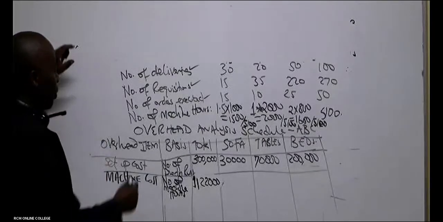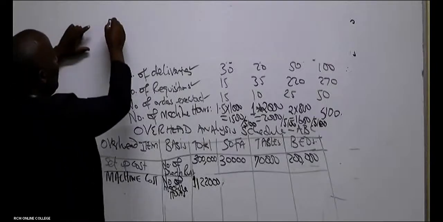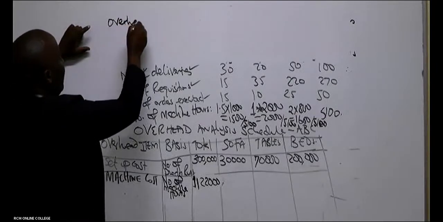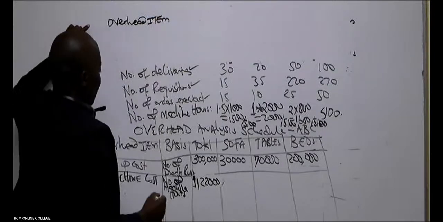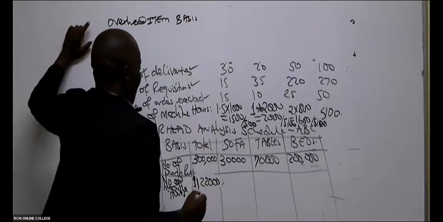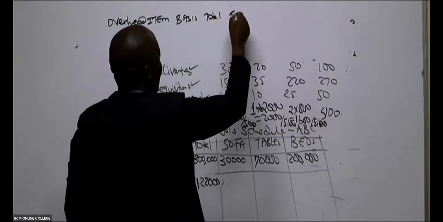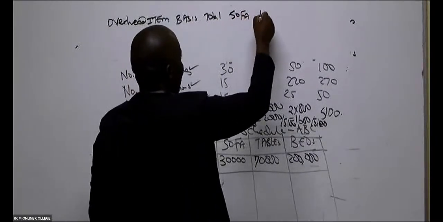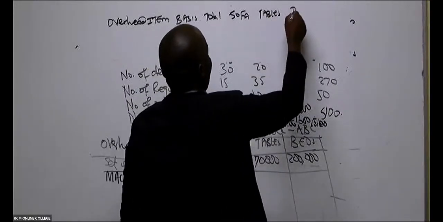Great. So we have here overhead item, we have basis, we have total. So far we have tables, we have beds.